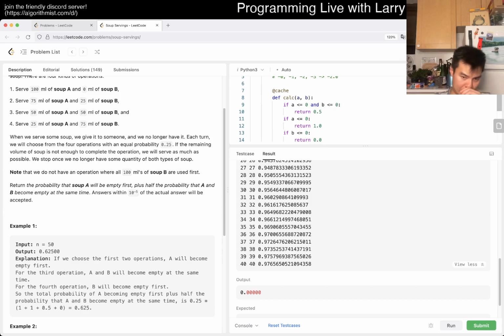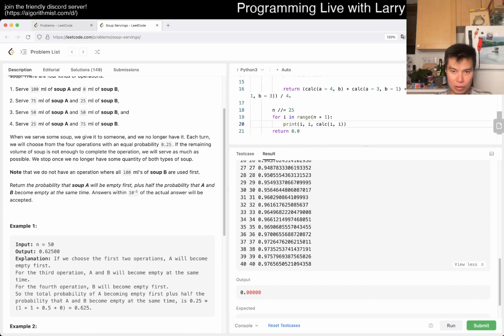So that means that in theory, we just need to calculate enough such that, okay, so maybe we do something like: i equals 0, while calculate(i) minus calculate(i-1) is greater than 10 to the negative 5.